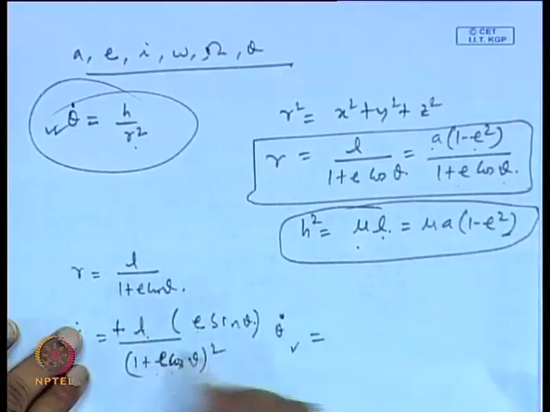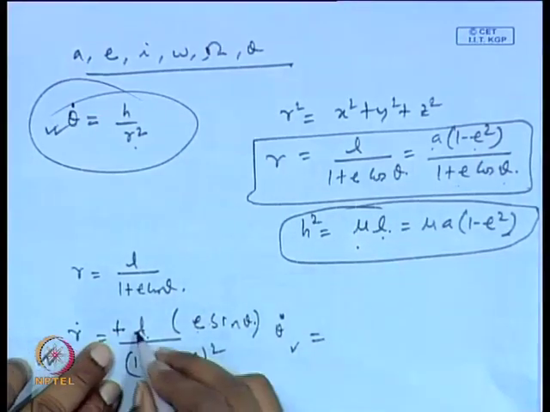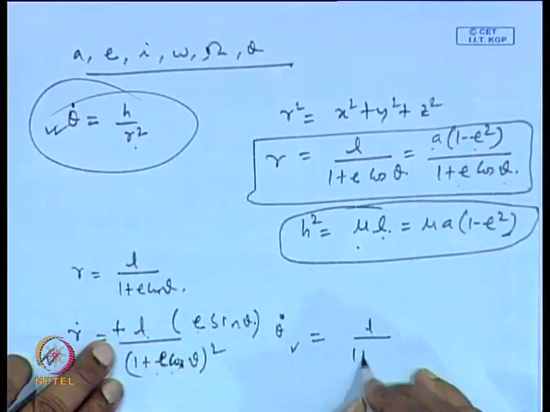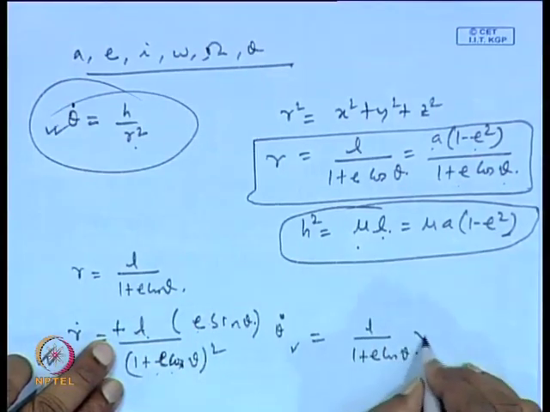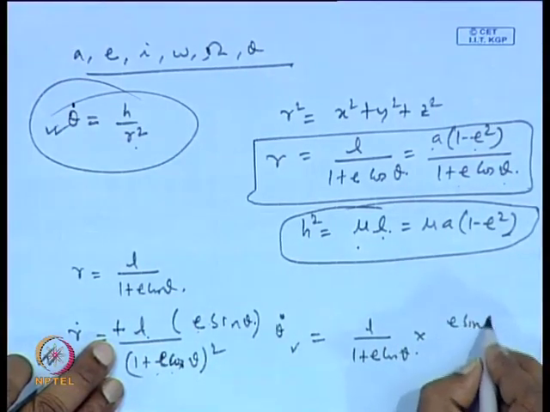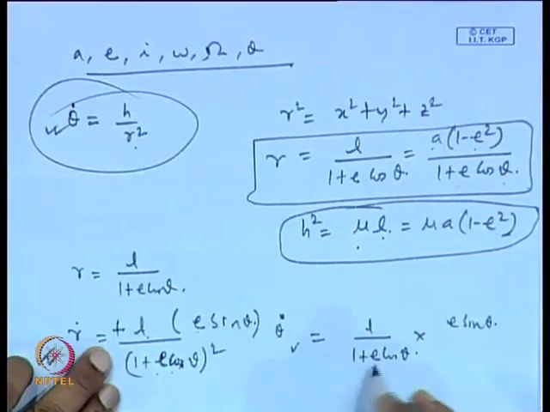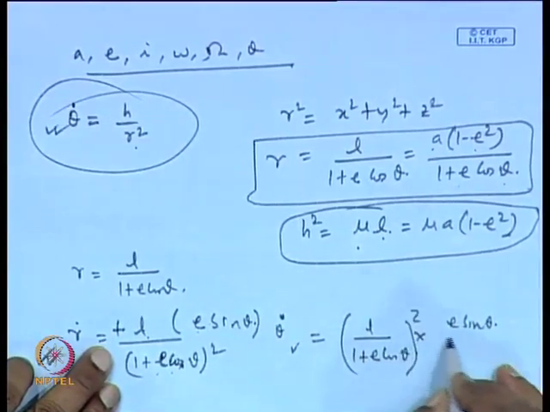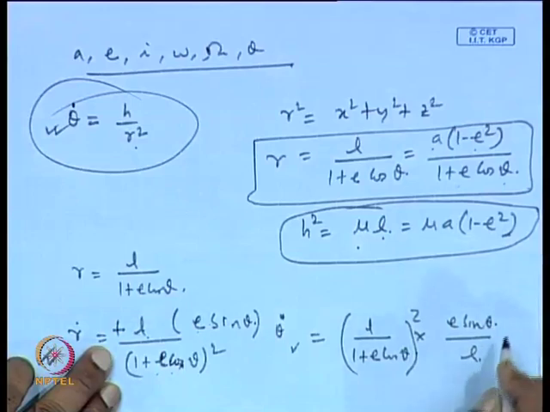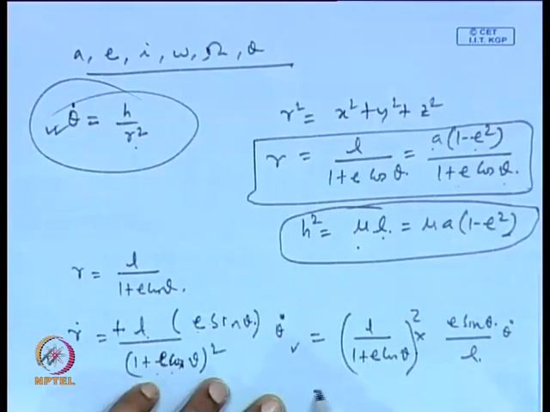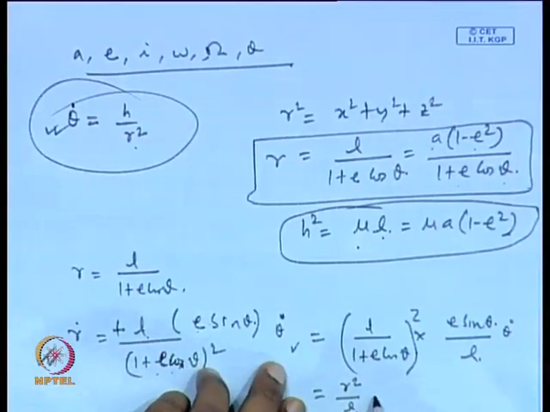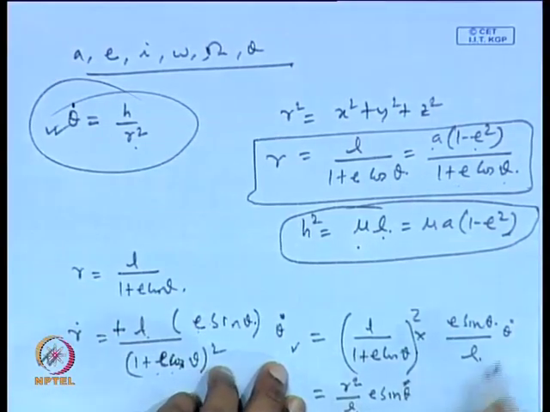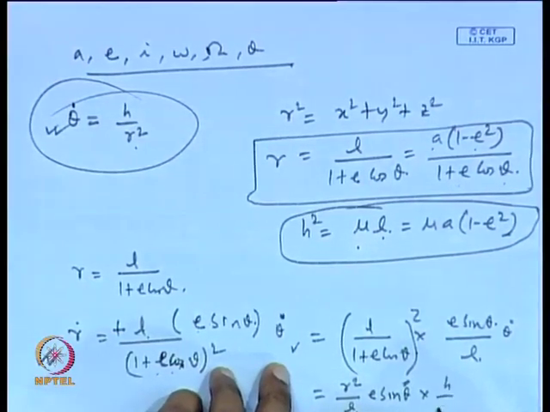So, we can write this in a proper way. This is L by (1 plus e cos theta) square times e sin theta times L times theta dot. So, this becomes nothing but r square divided by L times e sin theta times theta dot, and we can replace theta dot by h by r square.